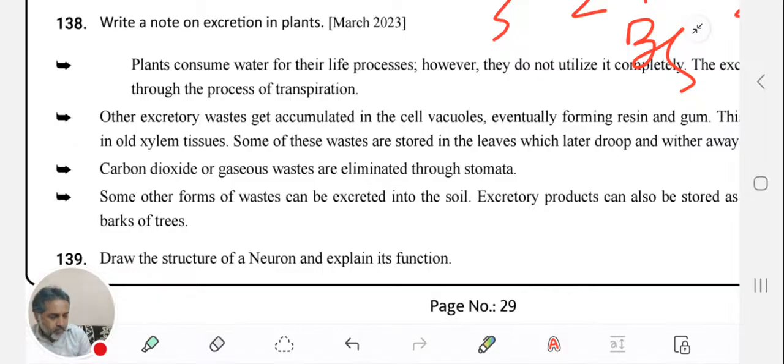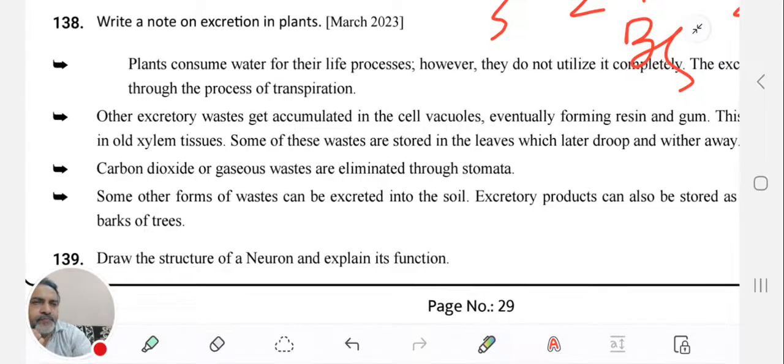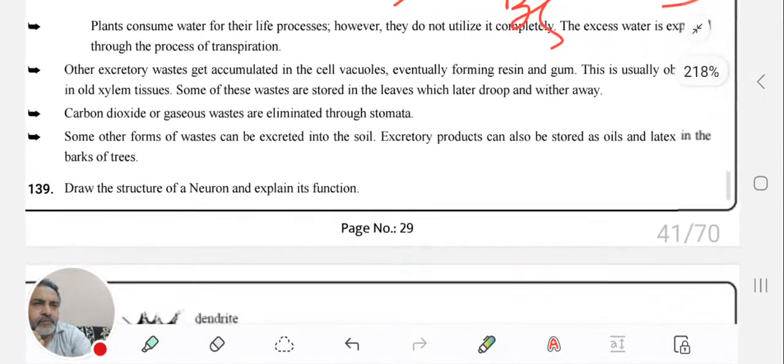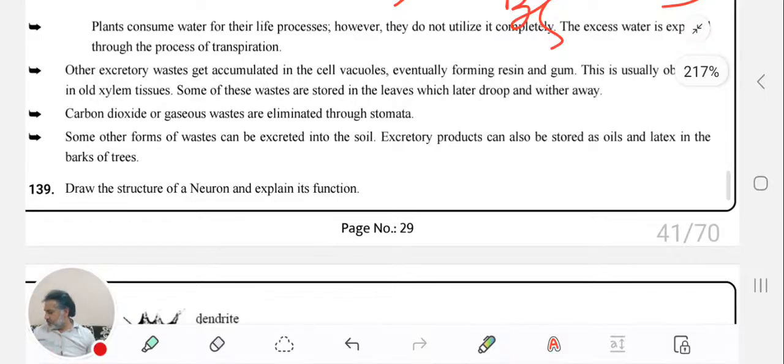Write a note on excretion in plants. Plants consume water for their life process. However, they do not utilize it completely. The excess water is expelled through the process of transpiration. Other excretory wastes get accumulated in the cell vacuoles, eventually forming resin and gum. This is usually observed in old xylem tissues.